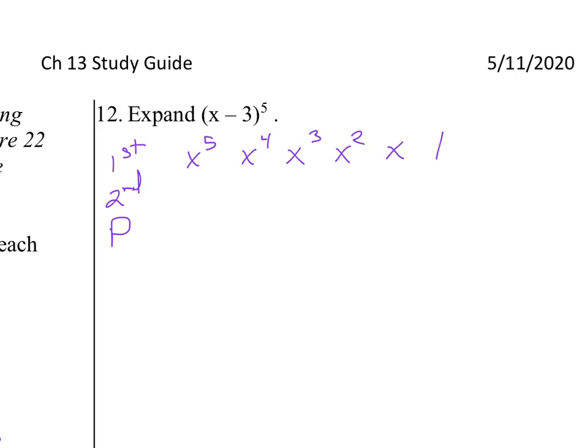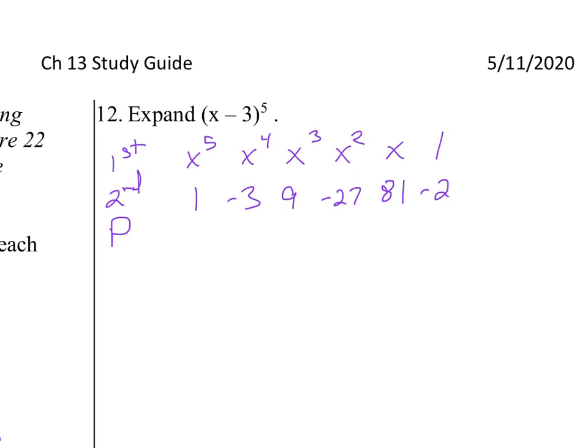So this is going to be -3 to the 0, so that's 1. -3 to the 1 is -3. -3 squared is 9. -3 cubed is -27, -3 to the 4th becomes positive again, and -3 to the 5th is negative. 3 to the 5th is, nope, 243.